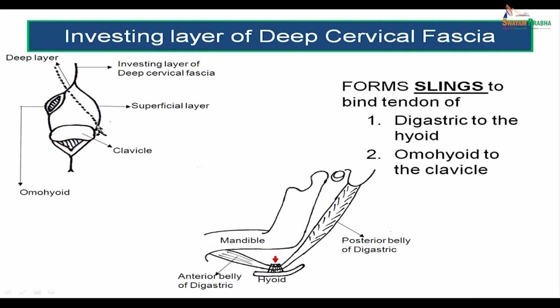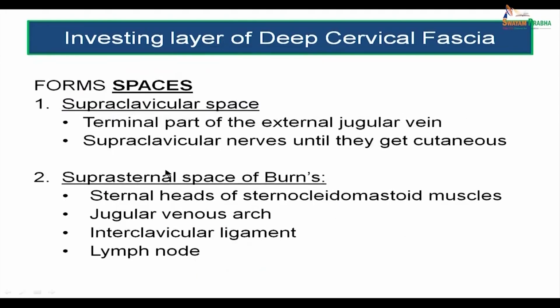Now, when the fascia descends to attach to the clavicle, again it splits into two layers, a superficial layer and a deep layer. The deeper layer slings the omohyoid muscle. It forms spaces. The first space is called the supraclavicular space and the second space is called the suprasternal space of Burns. The supraclavicular space contains the terminal part of the external jugular vein and the supraclavicular nerves until they become cutaneous.